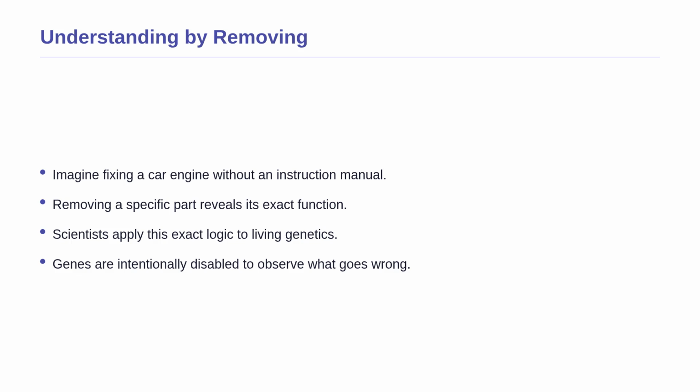In biology, scientists use this exact same logic. Instead of car parts, they use living animals, usually mice. By intentionally disabling or knocking out a specific gene and observing what goes wrong, scientists can deduce the exact function of that gene in a healthy body.